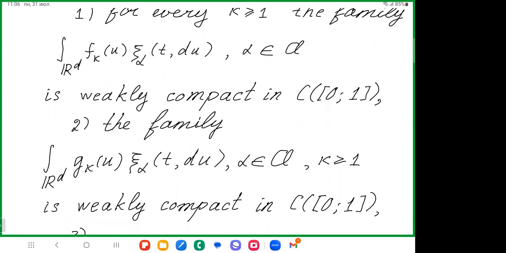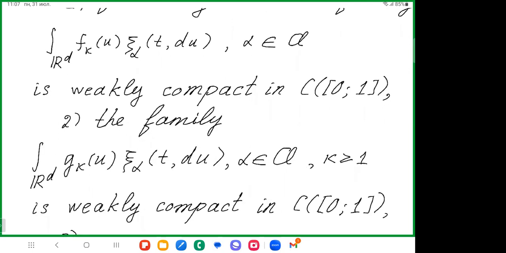We organize a family which depends on two parameters. One is alpha, the parameter of our family of random measure-valued processes, and another one is k, the number of the function g_k. You remember these functions g_k are responsible for compactness in the space M_m. So we need that this doubly parameterized family is weakly compact in C[0,1].